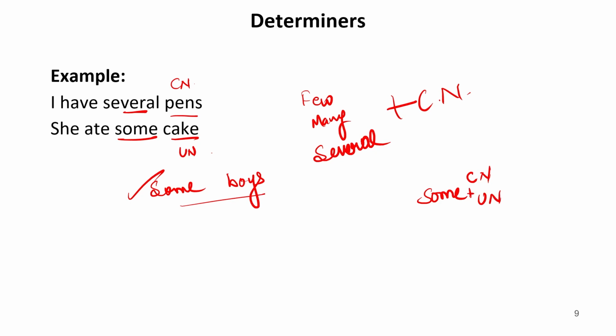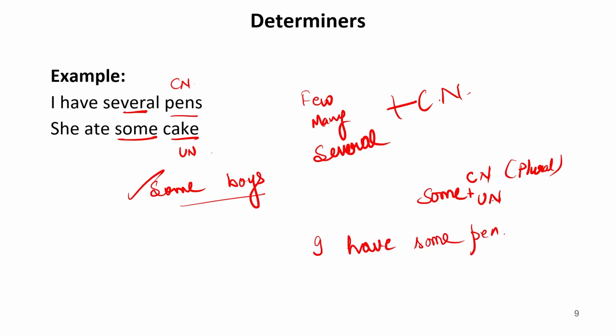But there is one thing to be kept in mind. If a noun is countable and we are using some before it, it is very important to see that this countable noun should be in plural form only. How? Let us take an example. Suppose I say, I have some pen.